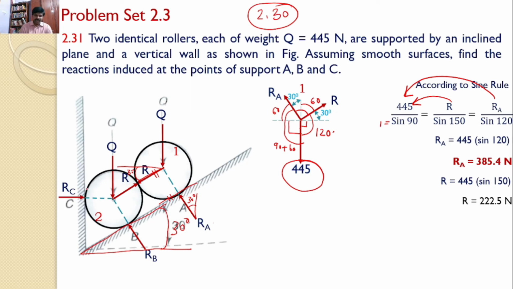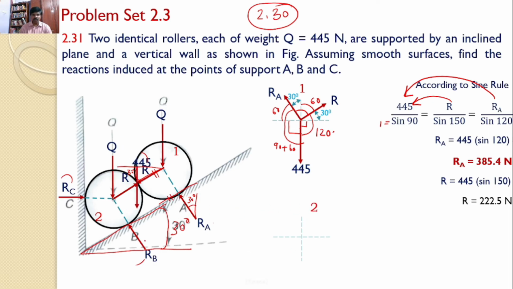Now, on cylinder 2, the same reaction force is acting, with the same magnitude, to satisfy the equilibrium condition. So if you consider cylinder 2 alone, there are four forces: one is Q, another one is R, another one is RC, and the last one is RB. So let us transfer all those four forces onto a separate XY plane.